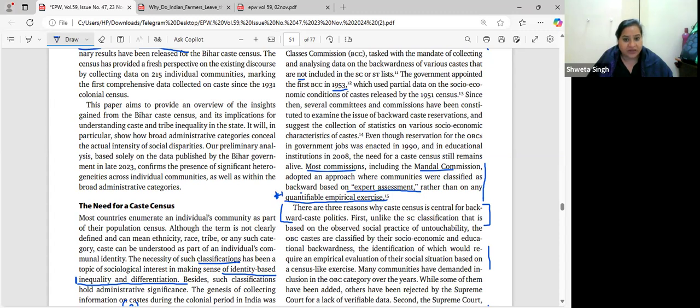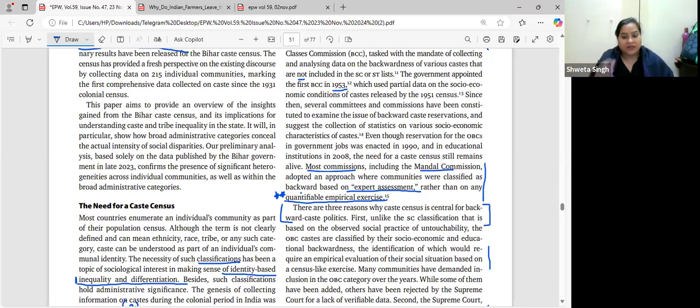This is a very important thing, that you are identifying backwardness on the basis of expert assessment. There are no quantifiable, objective details, facts and figures on the basis of which you say these are the indicators on which a specific community is identified as a backward class. Generally you will hear, in GS classes when I also speak, socio and educational backwardness along with economic indicators.